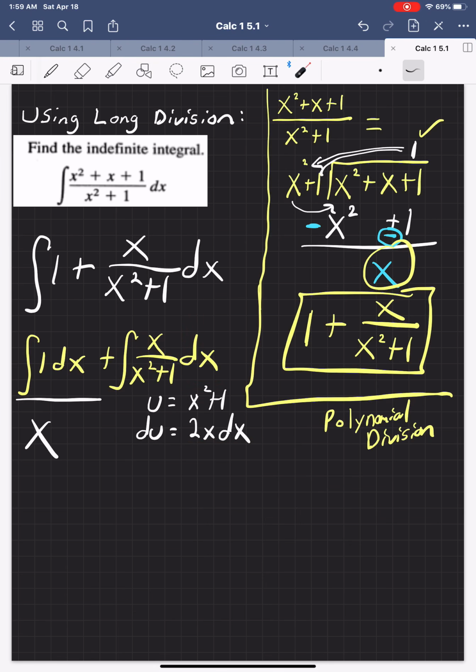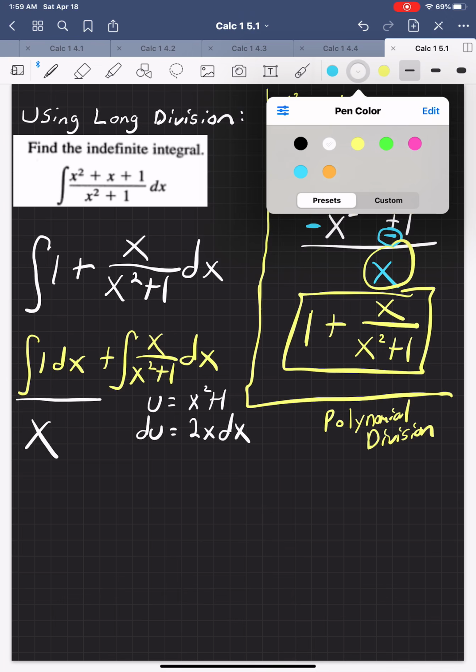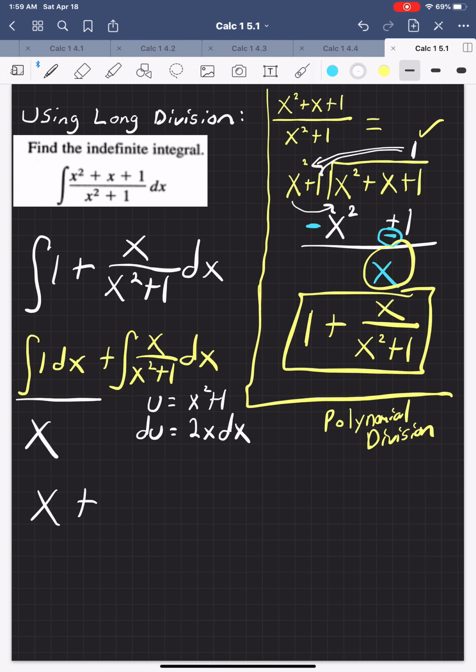Right, so you know what happens. I have to multiply and divide by 2, just like I've done many times before. So that ends up being x plus, I'm going to go ahead and get us to our answer, 1/2 of ln of x squared plus 1.